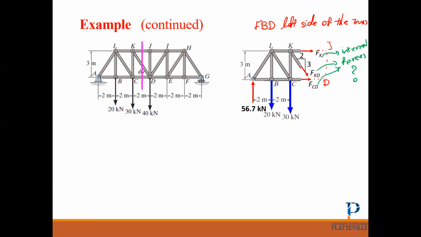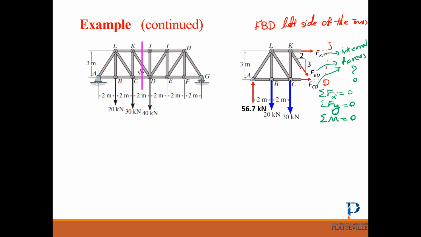At this point, we have three unknowns, and how many equations do we have? We have three equations. Sum of Fx equals 0, sum of Fy equals 0, and sum of the moment about a point equals 0. If I write sum of Fx, I have a lot of unknowns that I cannot solve.